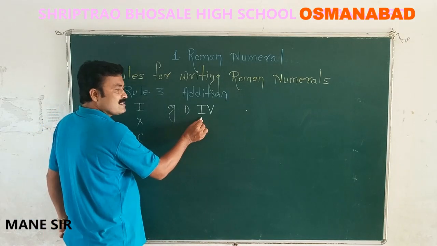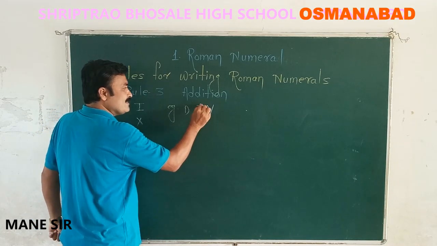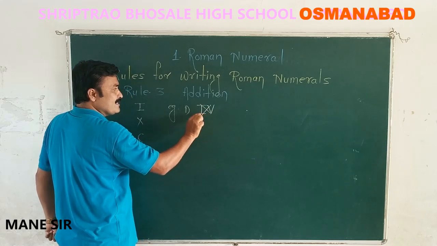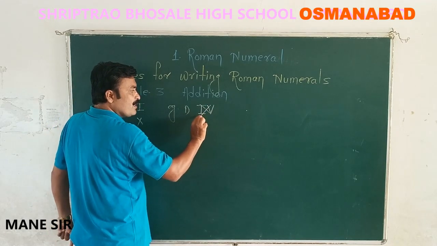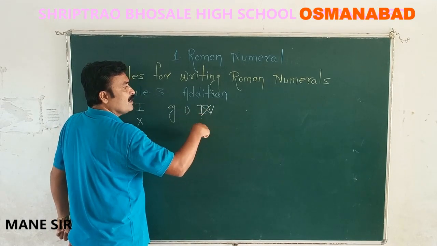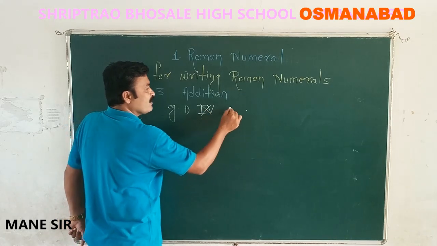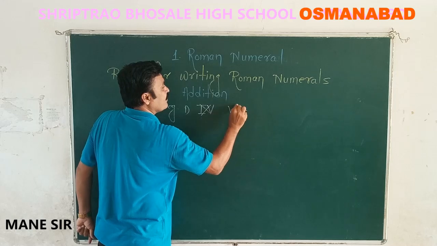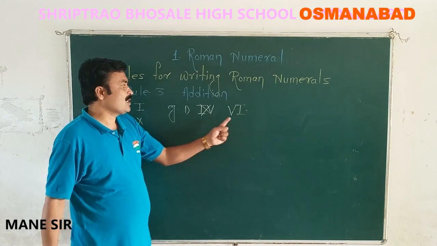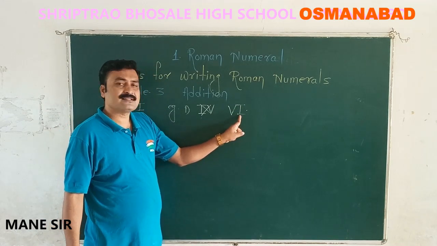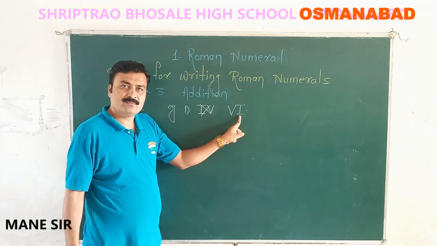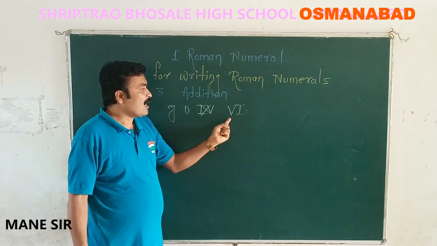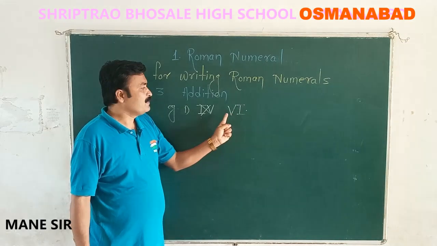This shows the subtraction process. Instead of this, if we write the smaller numeral after the bigger numeral, in this way, VI. In this condition, capital I, the smaller Roman numeral, we write after the bigger Roman numeral V.